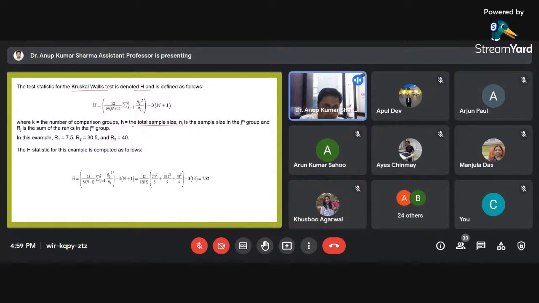These are the formulas given by Kruskal-Wallis. When we calculate, that is the calculated value of H. R1 means rank sum of the first sample, R2 of the second, R3 of the third, and then we get 7.52.